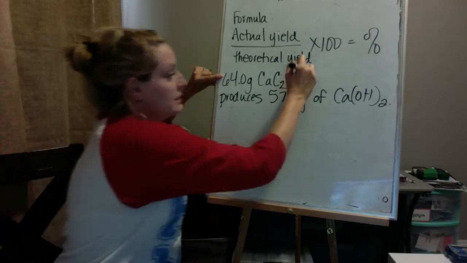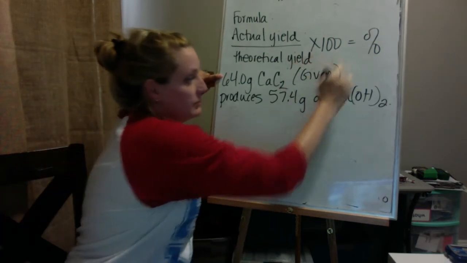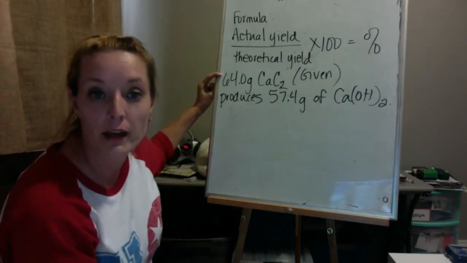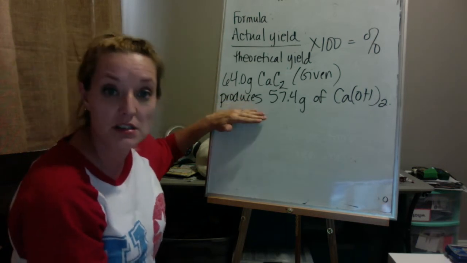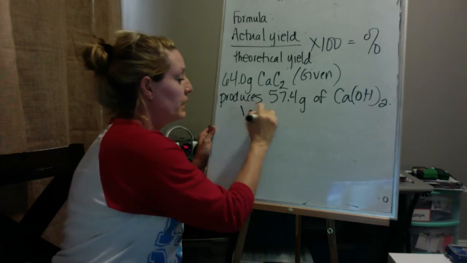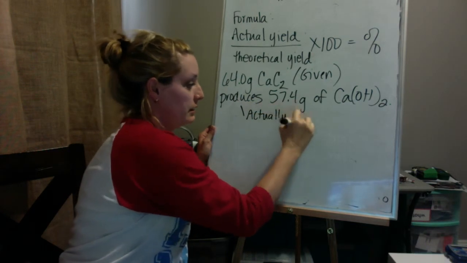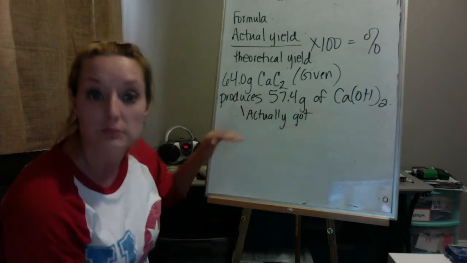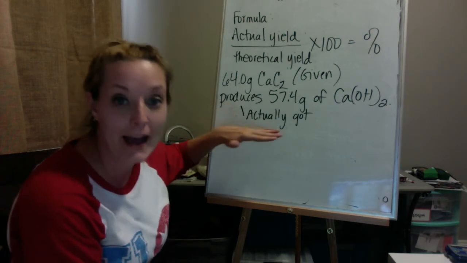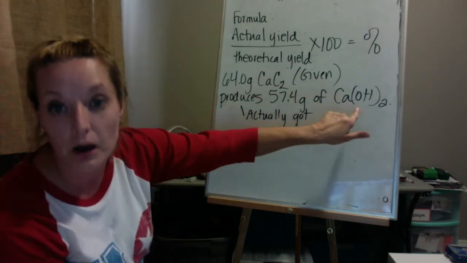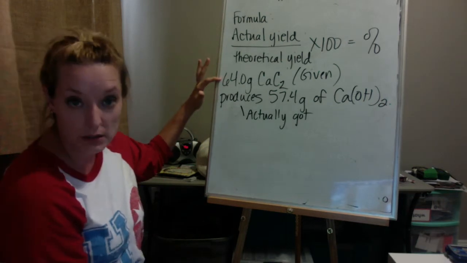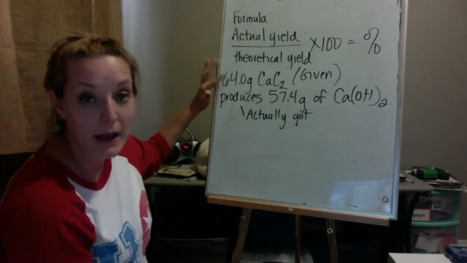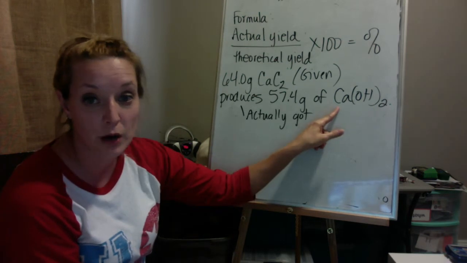This is your given amount. This is what you had to start with. When you see that word produces, produces is telling you this is what I actually got. I worked it out in lab, and this is what I actually got, and this is my product. So what you have to do is take your given amount and do a mass to mass to this product.